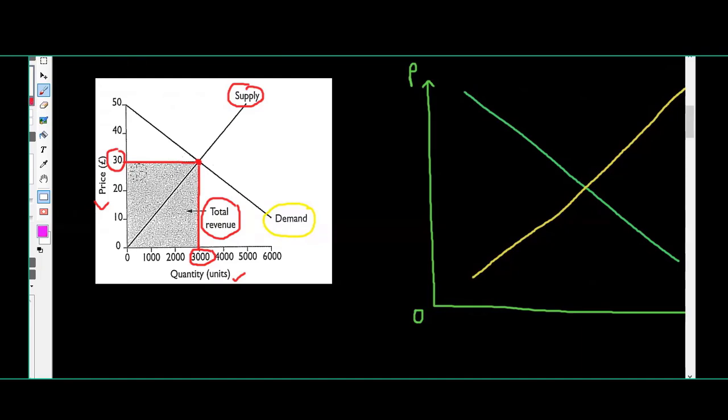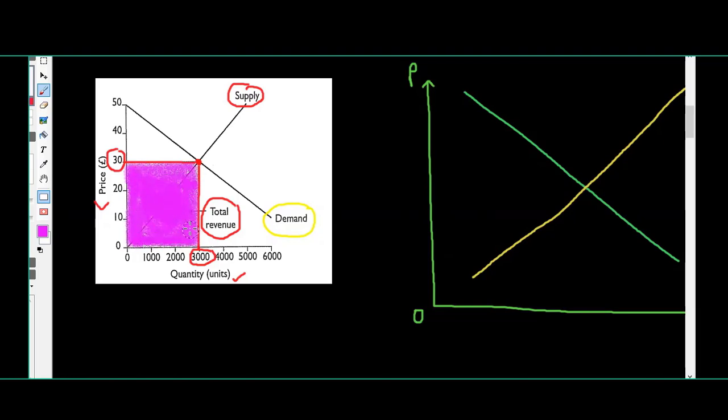This one. You see that there is a rectangle inside. I'm marking that with the purple color. A rectangle is created inside that area, and that is actually the total revenue.